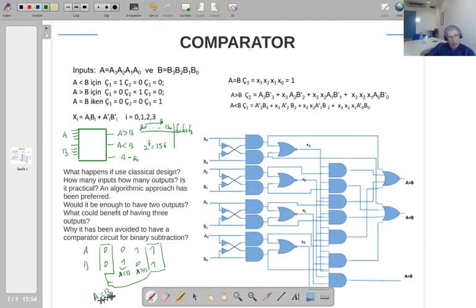So let's start from that equal case. We are going to introduce a new variable which is called xi and define it like that. If you look at this function, if both of the bits are the same and they are equal to 1, this term becomes 1. If both of them are 0, the primes of those give you 1, 1, and this becomes 1.